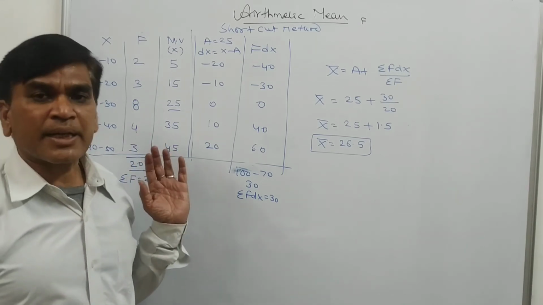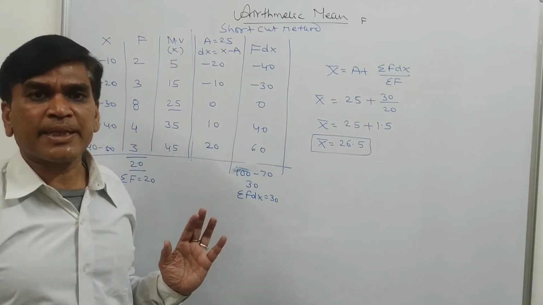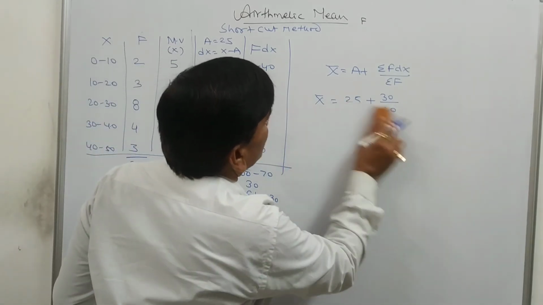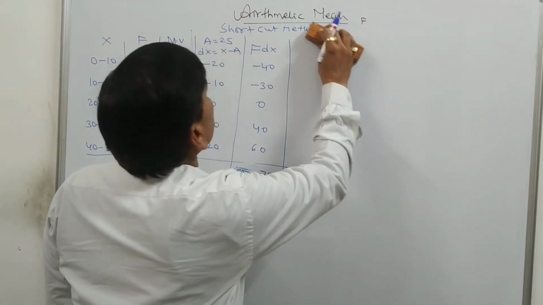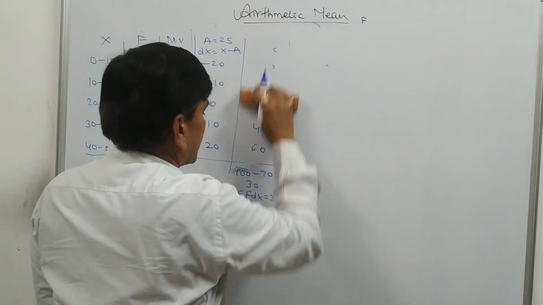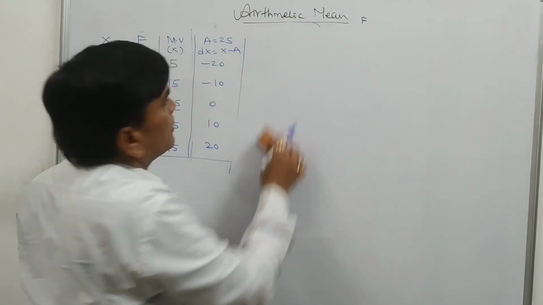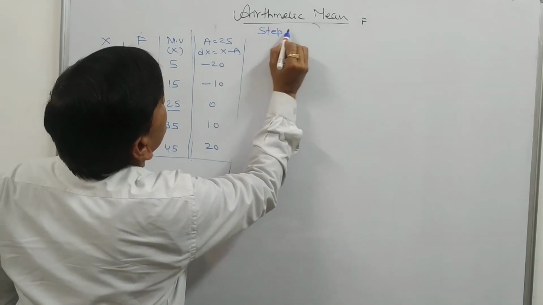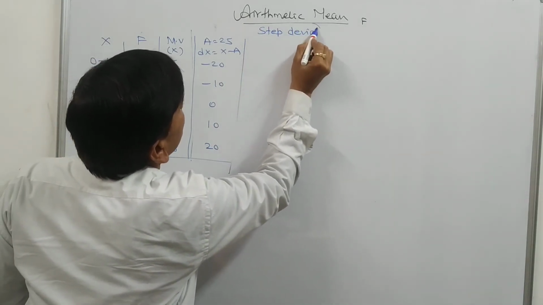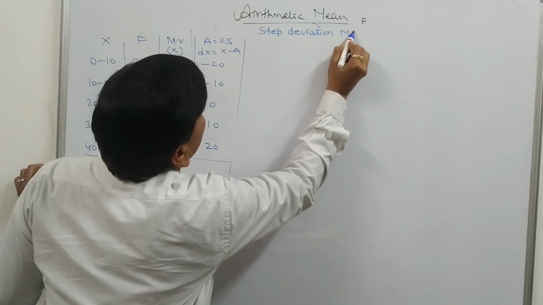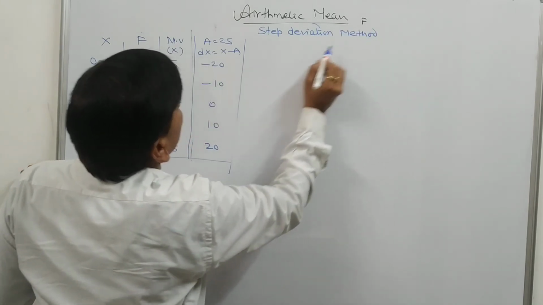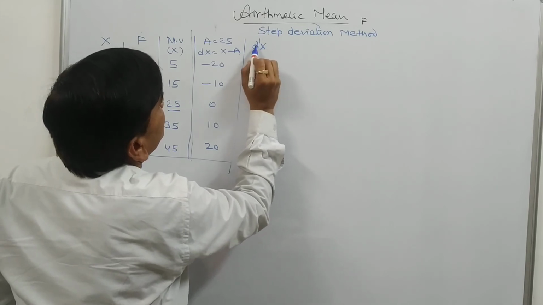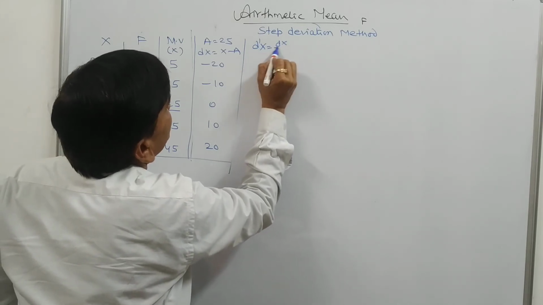Now we have one more method to calculate arithmetic mean, that is called the step deviation method. For the same question we can use this also. So the third method is the step deviation method. For step deviation, d dash x is equal to dx divided by i.